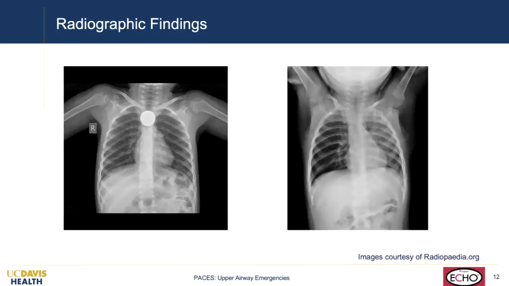So they have increased air on the affected side compared to the unaffected side. For kids who are cooperative enough to do inspiratory expiratory films, you can get sort of an exaggeration of that air trapping on your expiratory films.